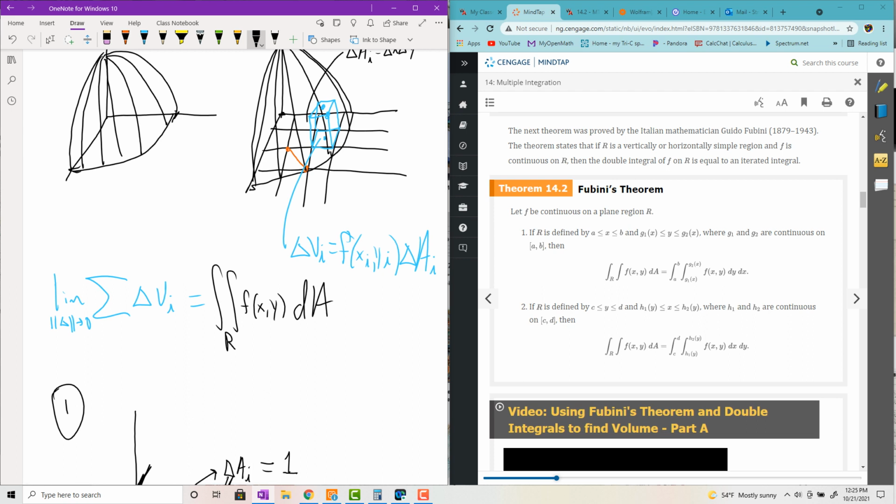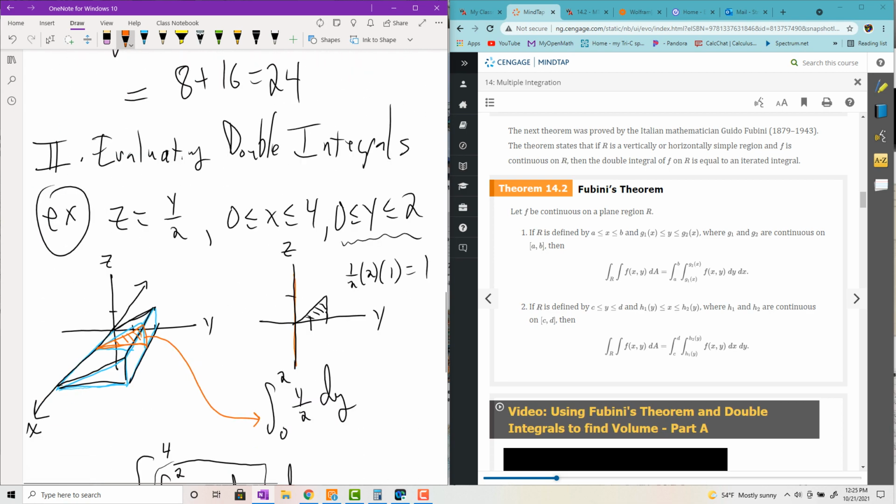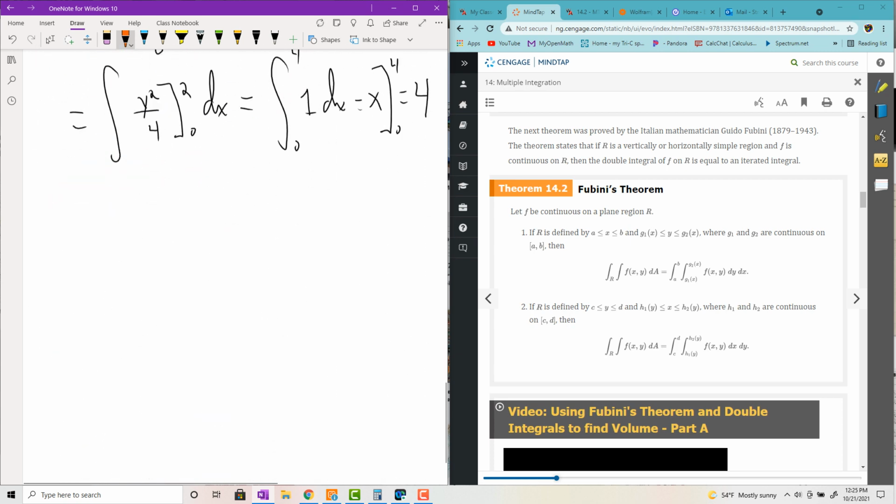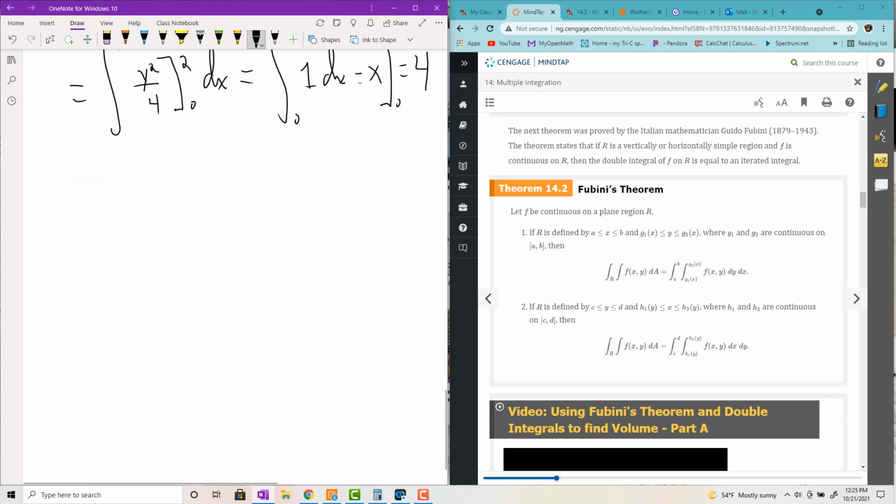Okay, so what this thing is called is the double integral of f over the region R. And now what you're seeing in this theorem 14.2 is that those guys, the iterated integral and the double integral, are the same.